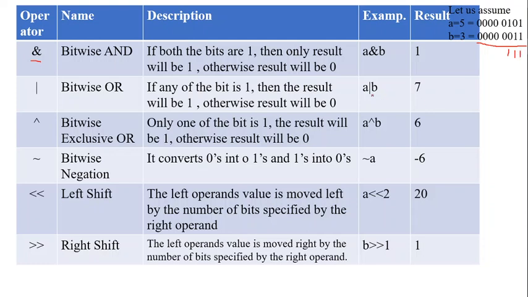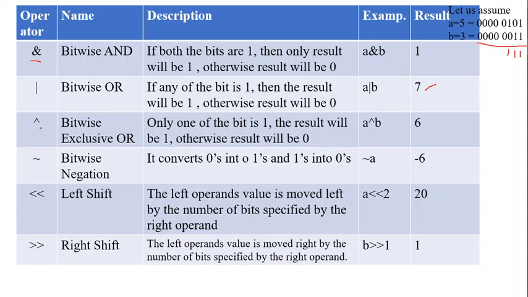If any one of them is 1, the result will be 1. So here the result will be 111. 111 equivalent decimal value is 7. So the system will print A OR B as 7.